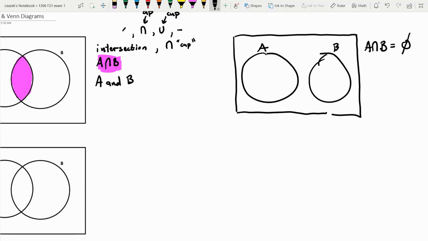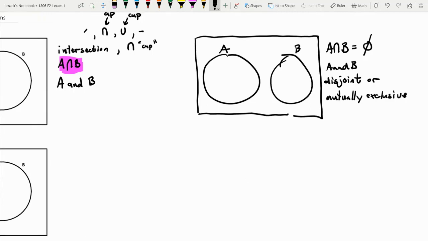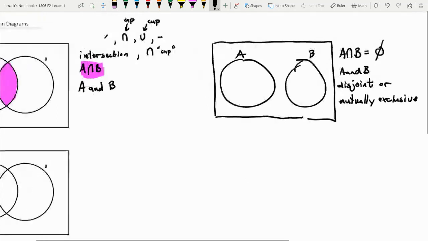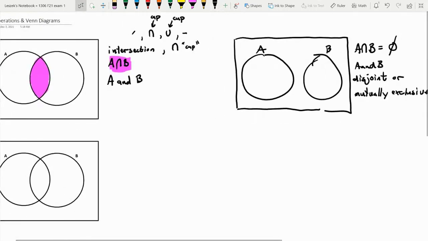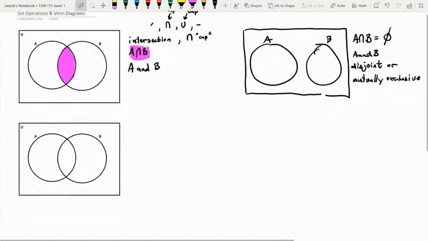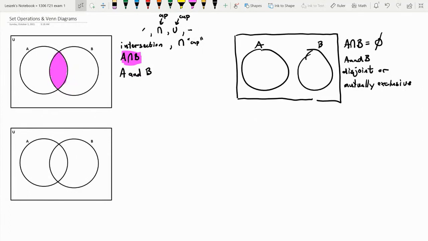These are called then either disjoint or mutually exclusive. I forget what term your professor used. Mutually exclusive seems more like something you would use in probability, like two things cannot happen at the same time.